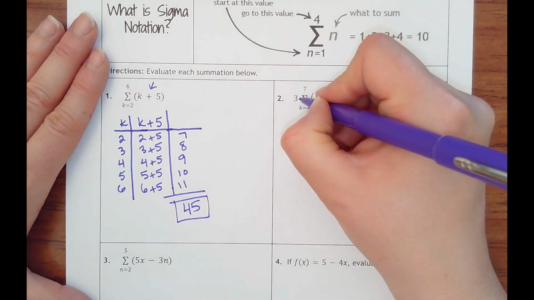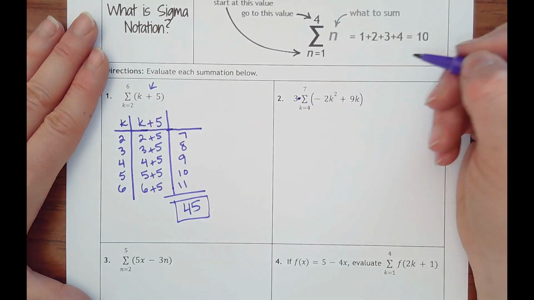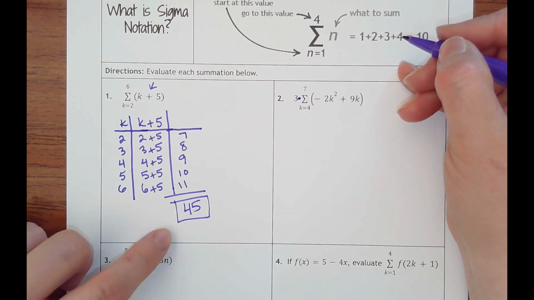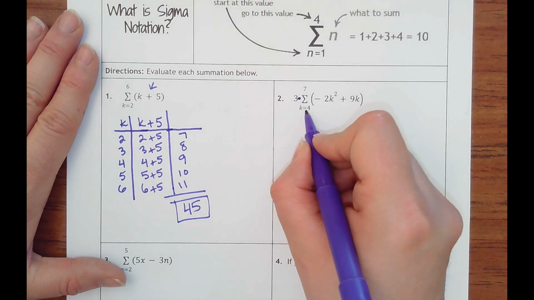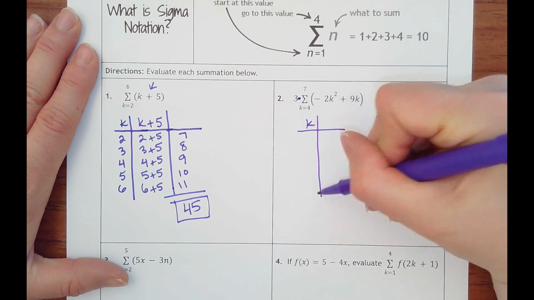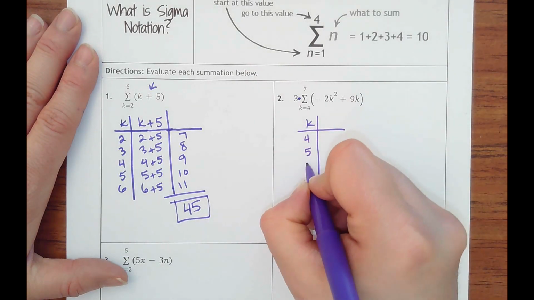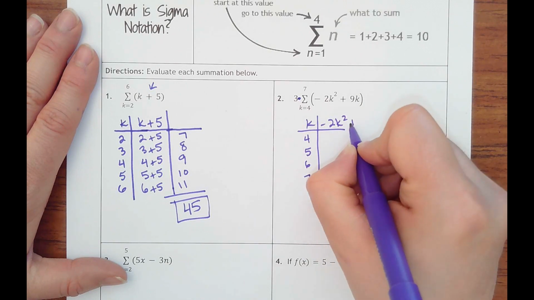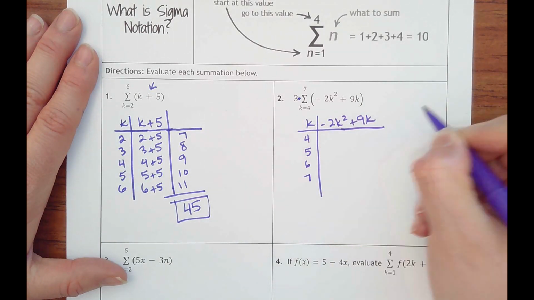Number 2 is the same, except there's a 3 times our sum. So at the very end, whatever we get here, we're just going to take that answer times 3. We're going from k is 4 to k is 7. Again, I'm going to make a table. So we'll have 4, 5, 6, 7. We're plugging into negative 2 times k squared plus 9k.